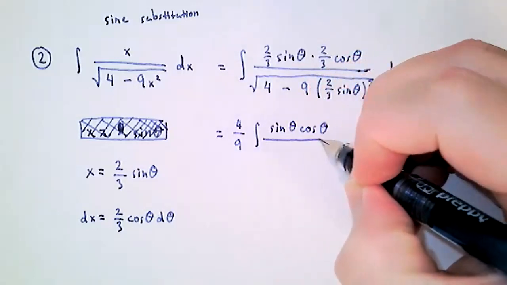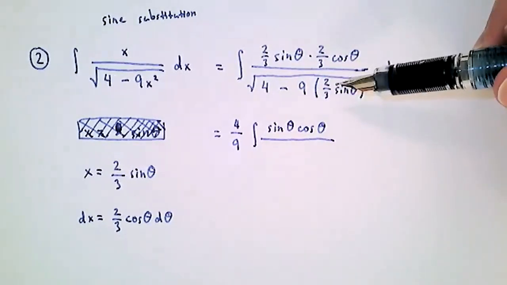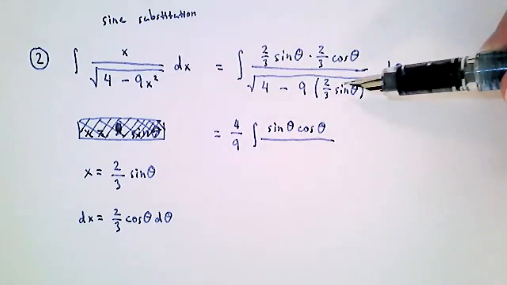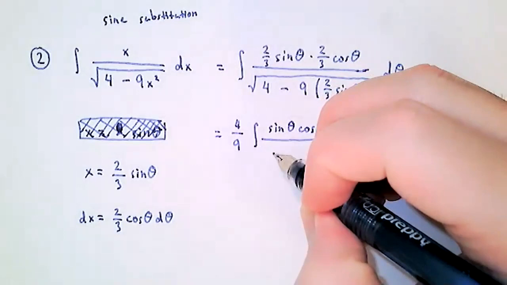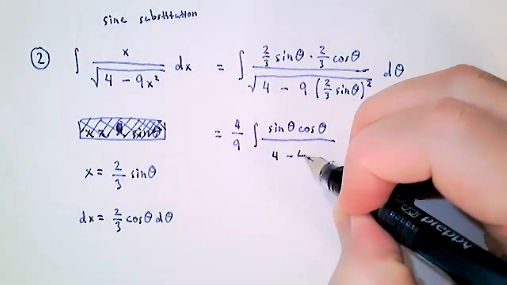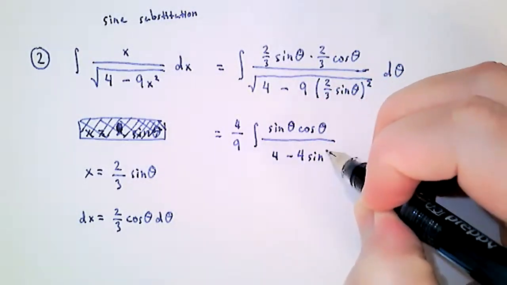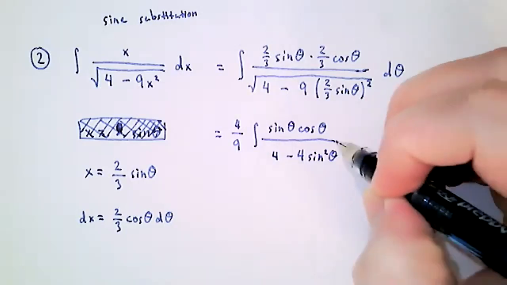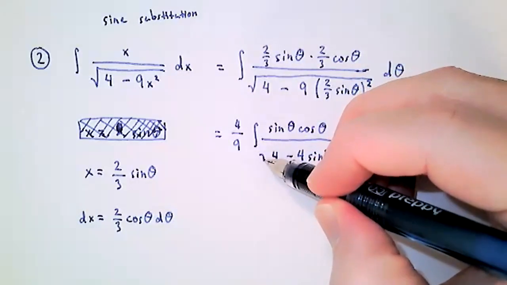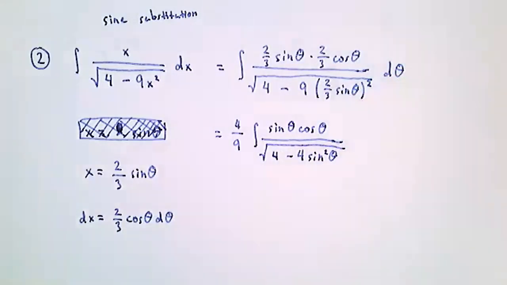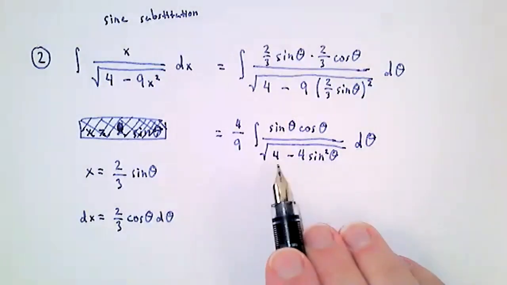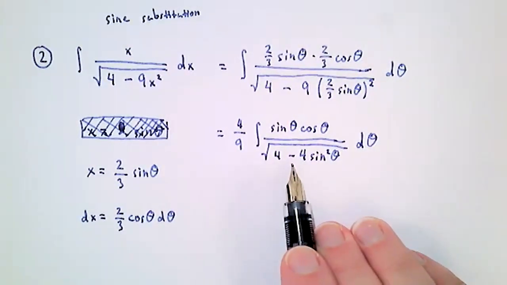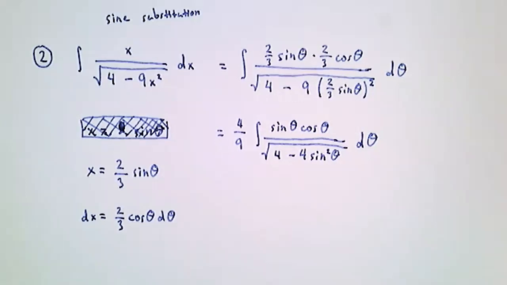Underneath the square root sign, we can do the simplification that I was talking about earlier. When we square 2/3, we get 4 over 9. So the 9 cancels. Leaving us with this, 4 minus 4 sine squared underneath our square root. And this guy here is what's going to become our cosine squared.